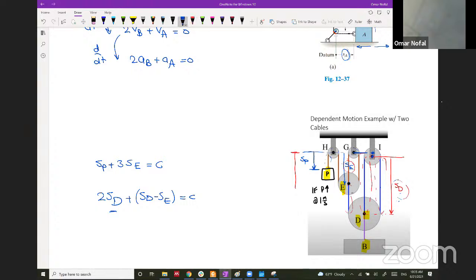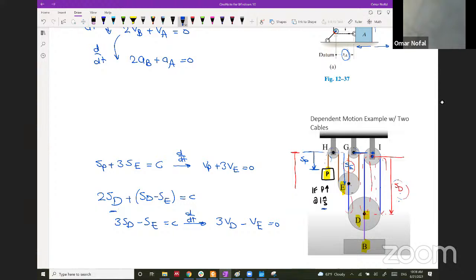So solving this problem will give you that VB plus 3 V of pulley E will be equal to 0, and this will give you 3 SD minus SE equal to a constant, and finally you will have 3 VD minus, after you take the time derivative, minus VE will be equal to 0.